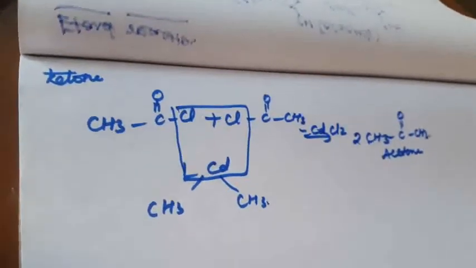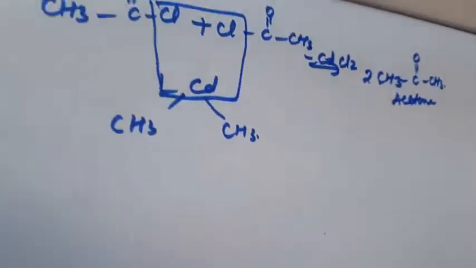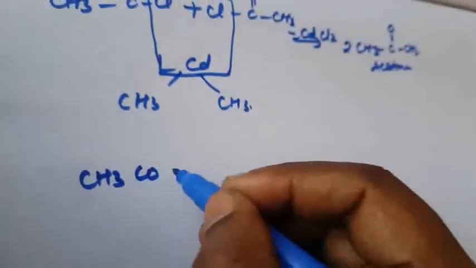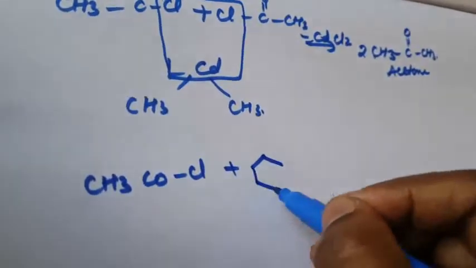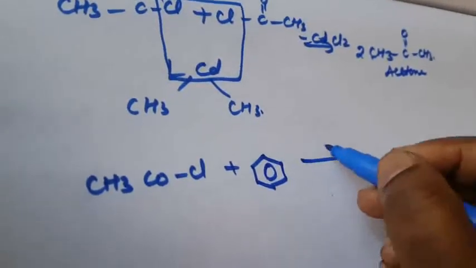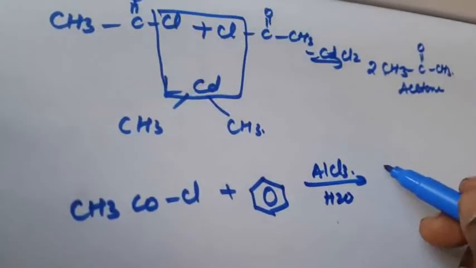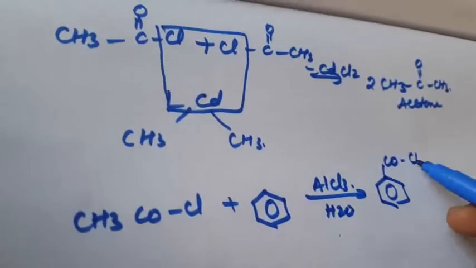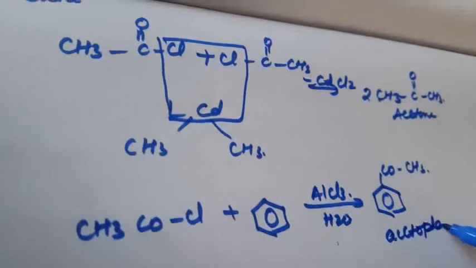Next one is phenyl ketone by the Friedel-Crafts reaction. What is meant by the Friedel-Crafts reaction? Aluminum chloride in the presence of water. Again, acetyl chloride, CH3COCl, reacts with benzene in the presence of aluminum chloride and water to form COCH3, that is acetophenone.